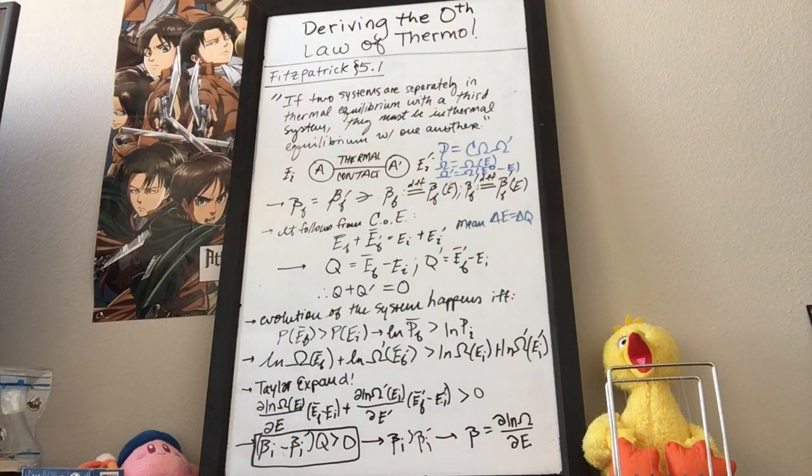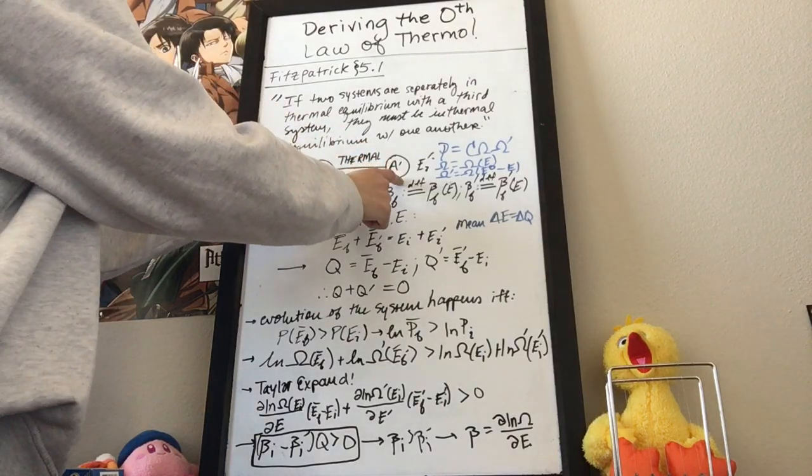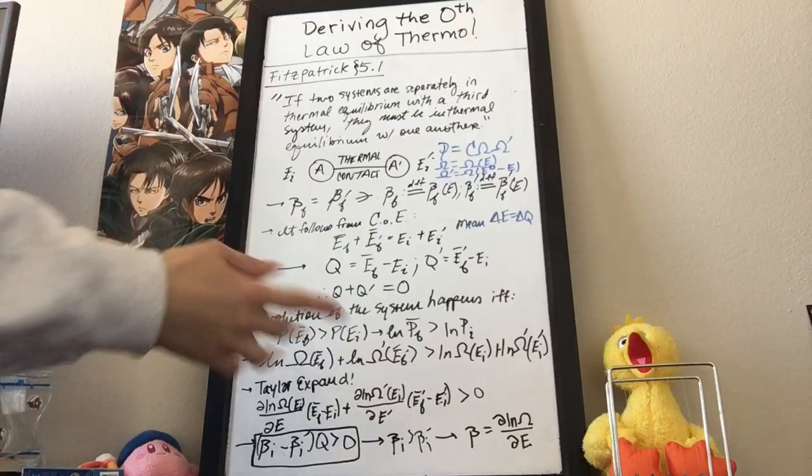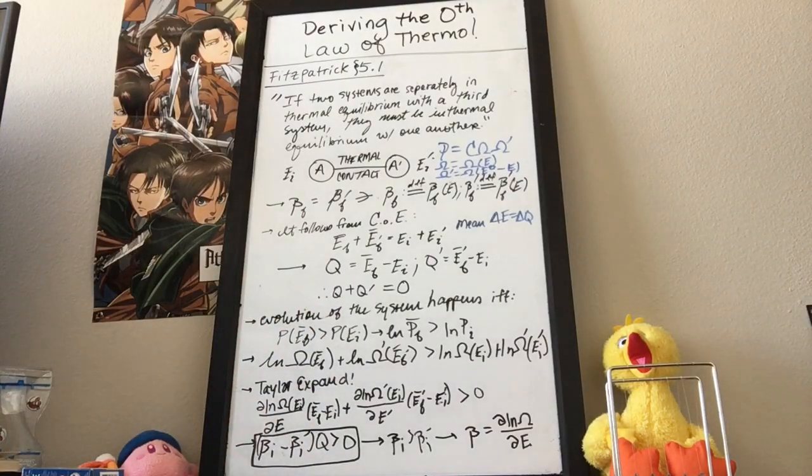So what does this necessarily tell us, right? Well, it tells us that if we have two systems that are separately in equilibrium with one another, they're going to have the same value of beta, then the systems themselves will remain in equilibrium when brought into thermal contact with one another. So if these two have the same beta and we bring them into thermal contact, they're going to stay at beta. Alternatively, if they have different values of beta, then the systems won't be in equilibrium when brought into thermal contact.